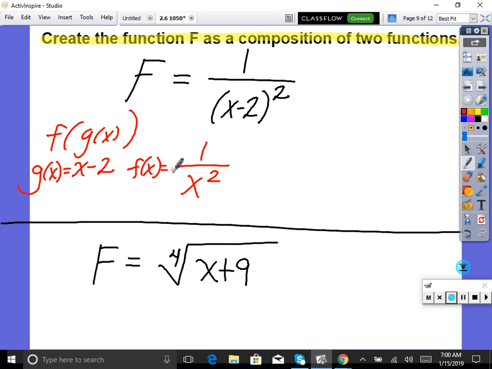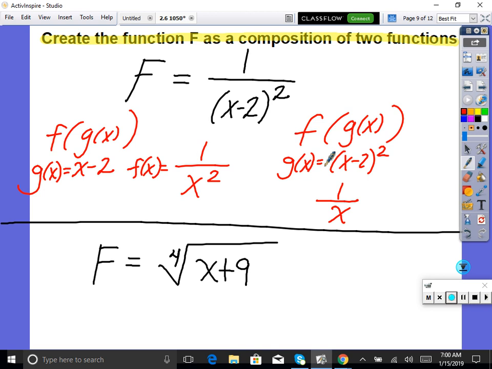We could have also done f of g of x, and then you could have let g of x be x minus 2 squared, and then f would be 1 over x. Do you guys see how that would work too? You take function g and plug it into function f, would it recreate this? Yes, so there's many correct answers.